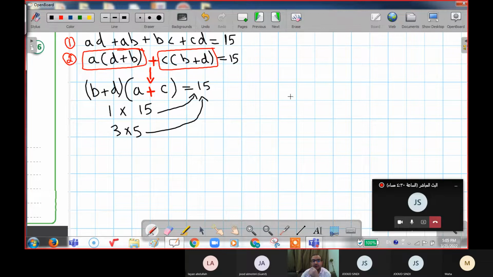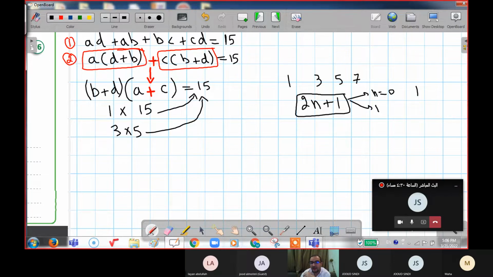Give me an example for an odd number. An odd number? Yes. 1, or 3 or 5 or 7. Okay? Every odd number must be written as 2n plus 1. So if you choose n equal to 0, you will have 1.